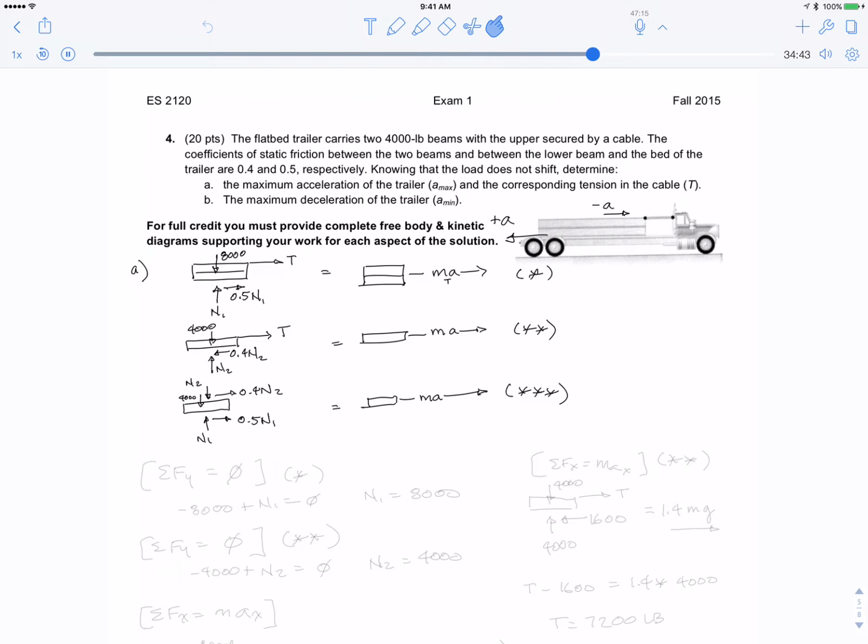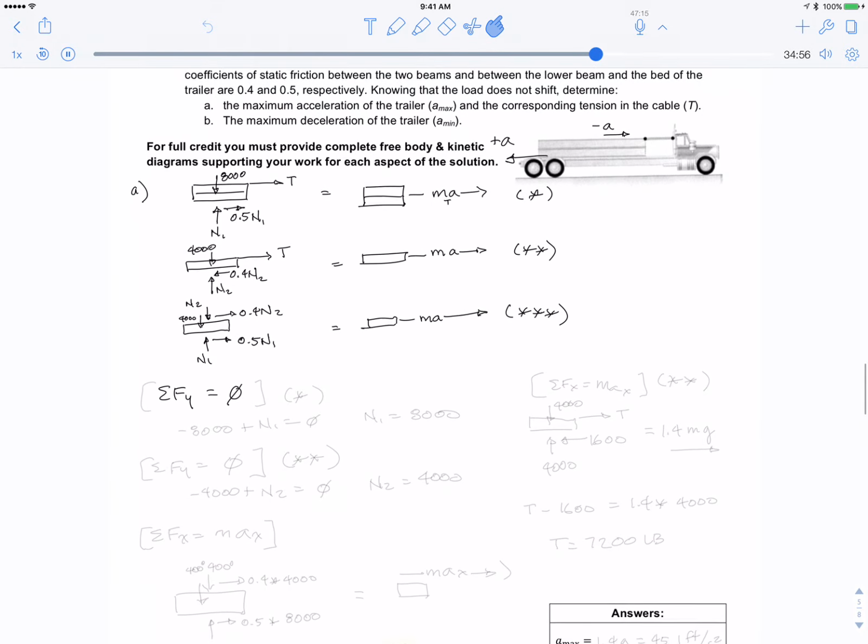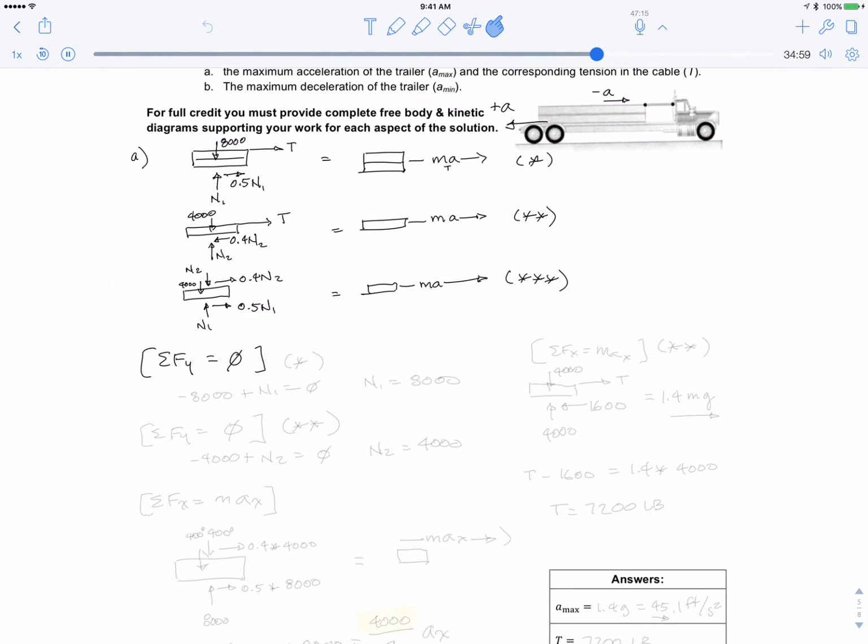Okay, and so I did sum Fy equals 0 because there's no y acceleration for the first free body diagram. And so I had minus 8,000 plus N1 equals 0, so N1 is 8,000.